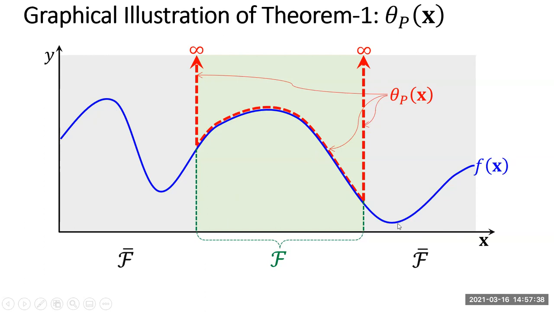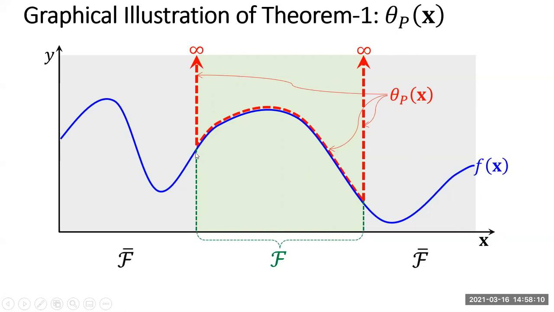This is the absolute minimum of the function, the global minimum, but it's not in the feasible region. This green shaded region is the feasible region. You see that the blue curve is f of x, and the green shaded region is the feasible region. The x-axis is this. The gray shaded regions are infeasible.